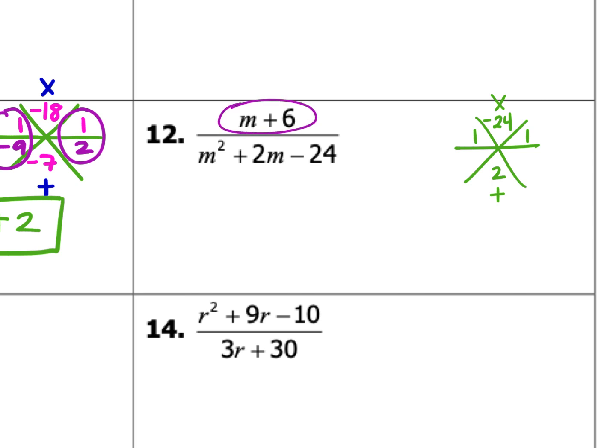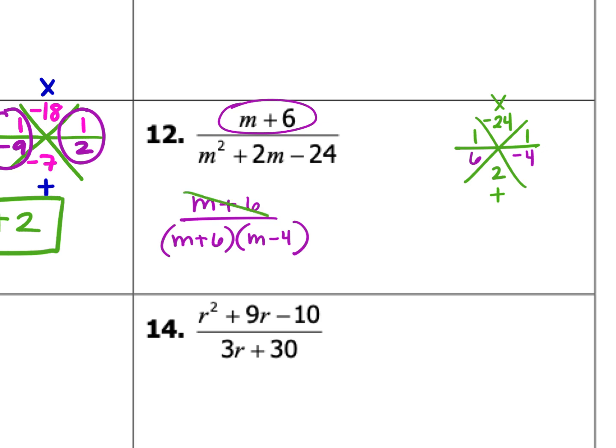Side note, a lot of times this number up top is helpful for that. If you check like, oh, would a +6 work? 6 and -4 gets you there. So this is going to be n plus 6 on top, and then n plus 6 times n minus 4 on bottom. And then you can start slashing things away.